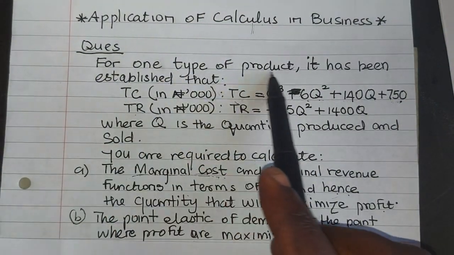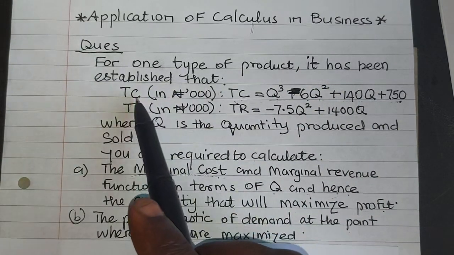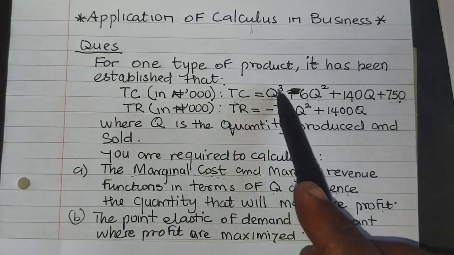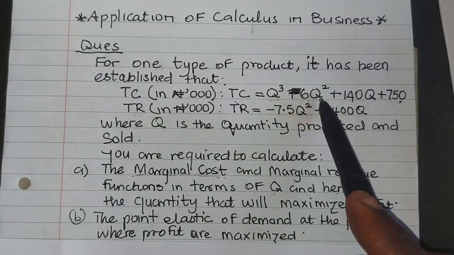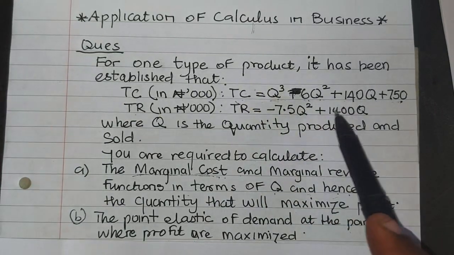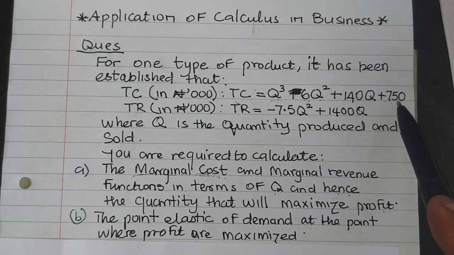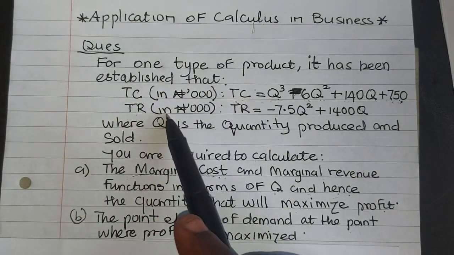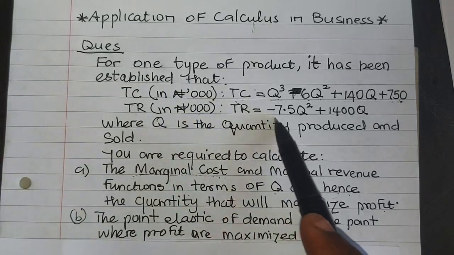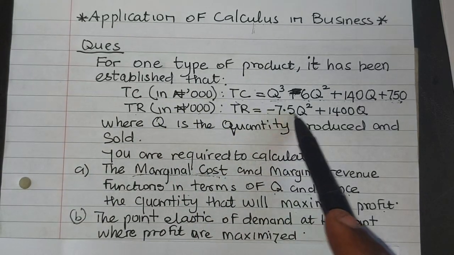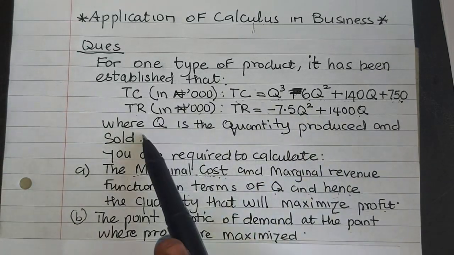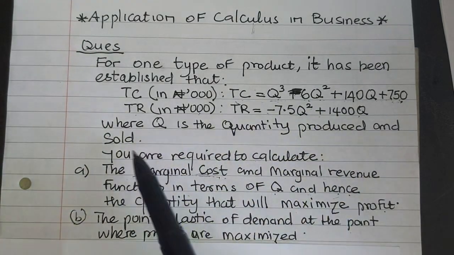For one type of product, it has been established that total cost in thousands is given as q raised to power 3 minus 6q raised to power 2 plus 140q plus 750, and total revenue in thousands is given as minus 0.5q raised to power 2 plus 140q, where q is the quantity produced and sold.